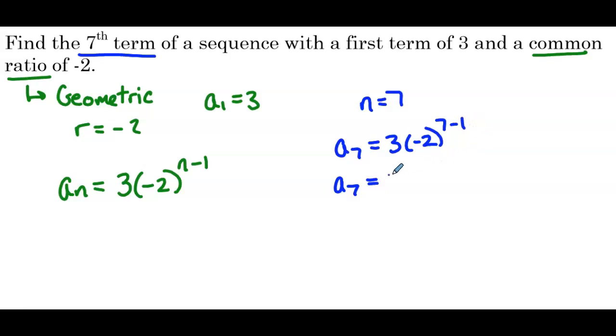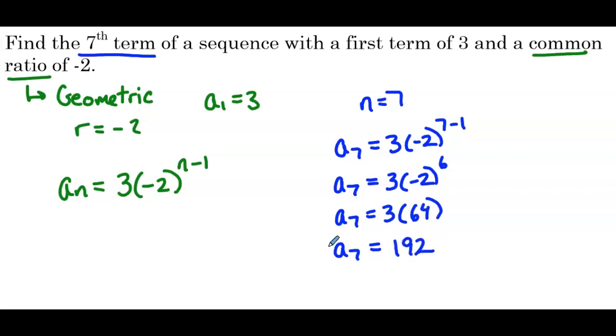So that's 3 times -2 to the 6th power. So a sub 7 is 3 times 64. So the seventh term is 180 plus 12, 192. Perfect.